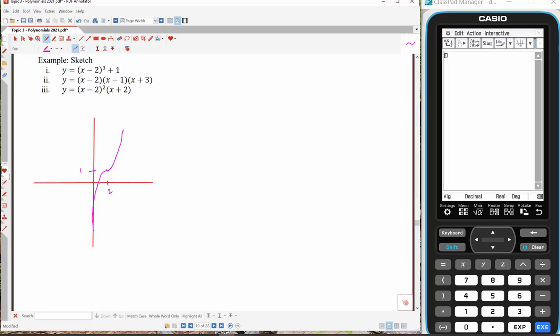I think actually the x-intercept is 1: negative 1 plus 2. Yeah, it is at 1. All right, so let's label that 2, 1, x, y. When x is 0, y is 1. Right, this one here, let's do that one.